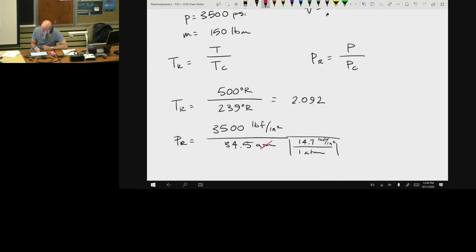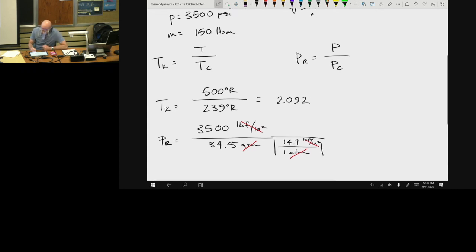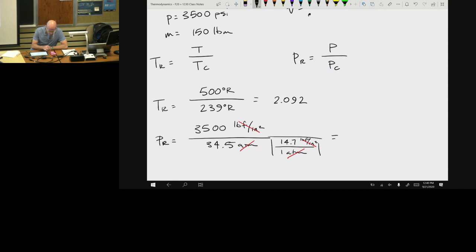And now if we do this, our units are going to cancel, and now we can find out what our reduced pressure is. So 3,500 divided by 34.5 divided by 14.7, and we get 6.901. Okay, so those are our two values that we need, two dimensionless values.